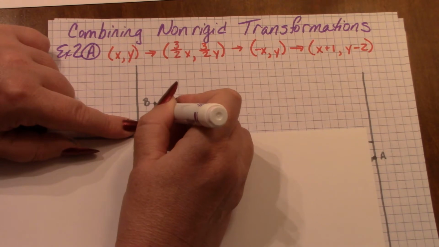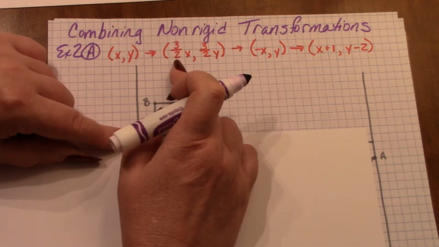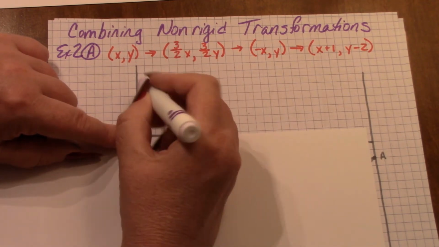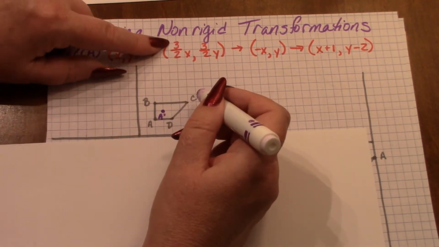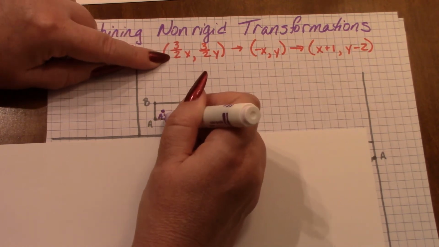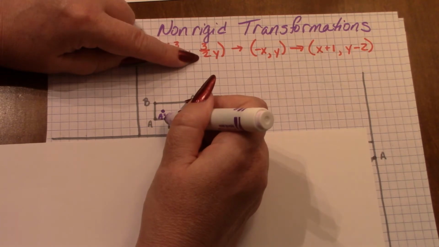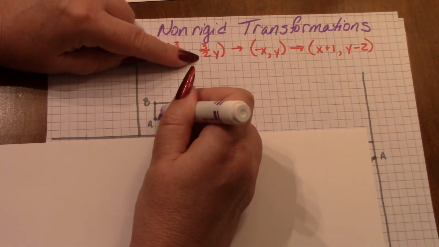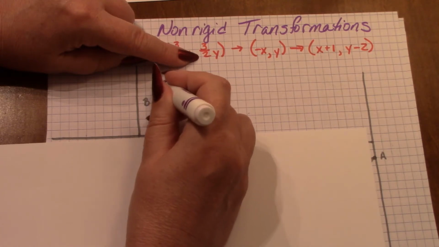So A becomes 3, 3, A prime. B is 2 comma 4. So 2 gives us 3 here, and 4 gives us 6 here. So this is B prime.